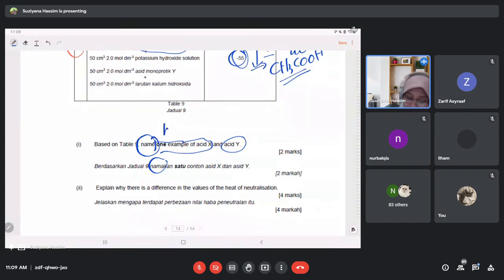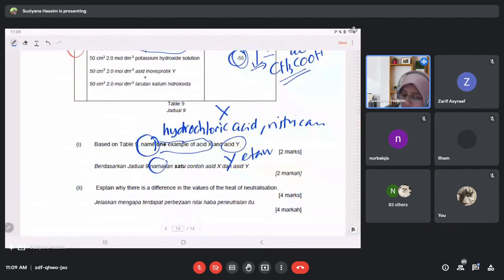Name: hydrochloric acid, or you can write nitric acid for X, and for Y, ethanoic acid.